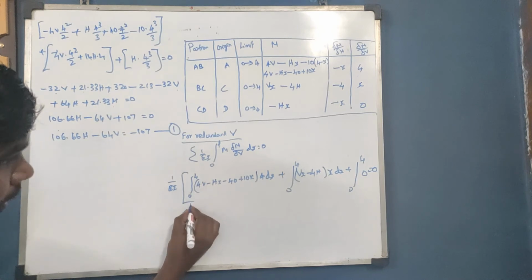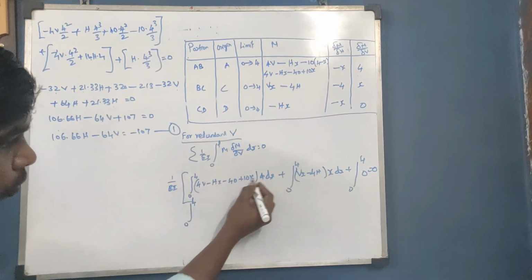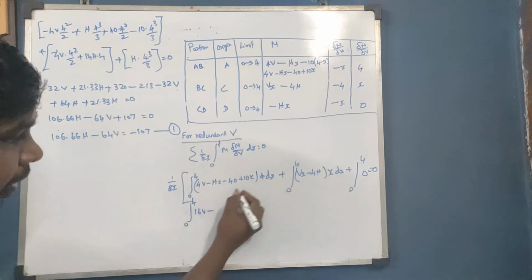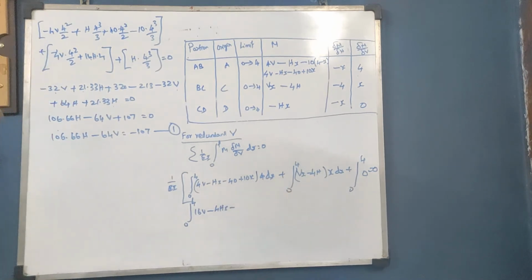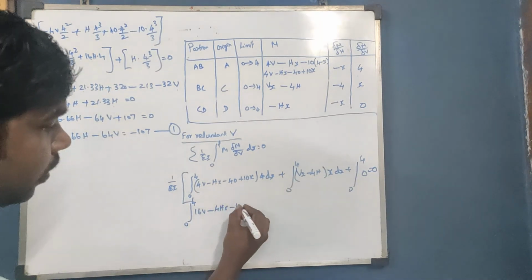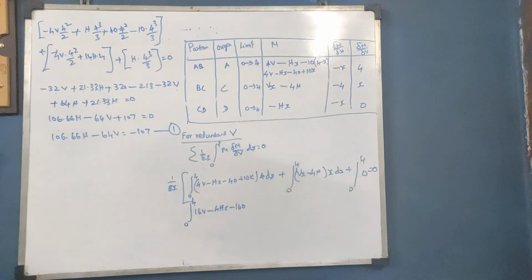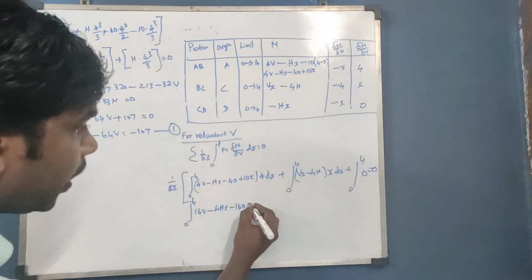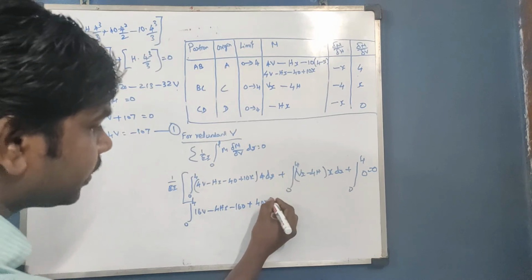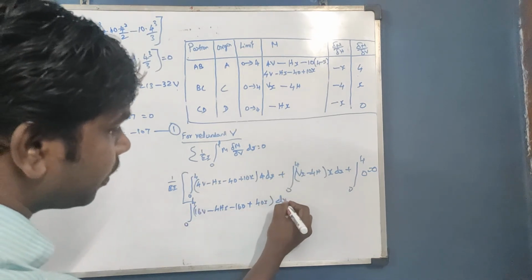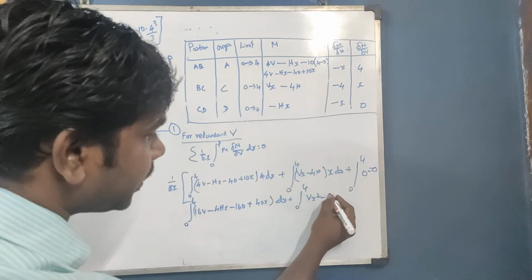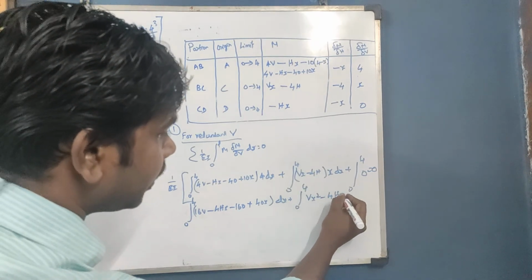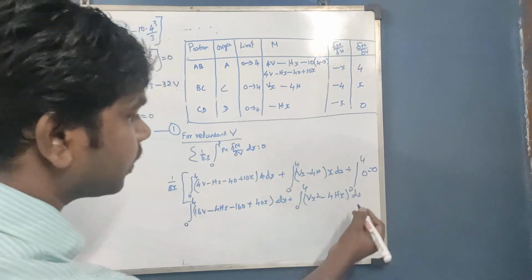And integration of 0 to 4, 4 into 4, it is 16V minus 4hx minus 40 into 4, it is 160 plus 40x dx plus integration of 0 to 4 bx into x dx square minus 4x x dx.